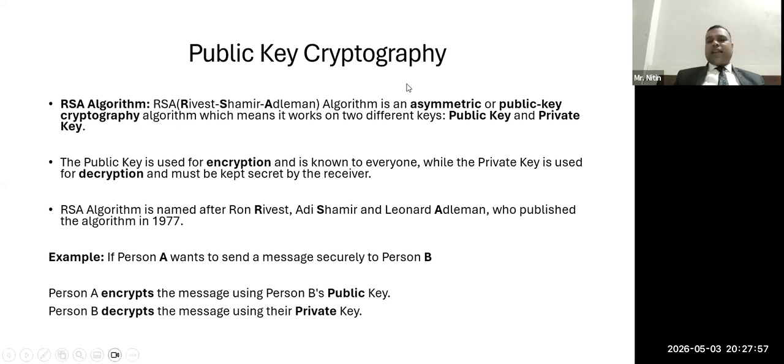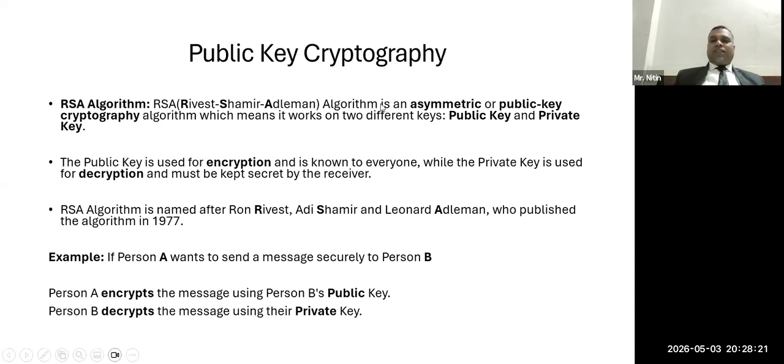The algorithm is an asymmetric or public key cryptography algorithm, which means it works on two different keys, that is, public key and private key. We will understand what is meant by public key and private key. For the time being, let's understand the RSA algorithm.